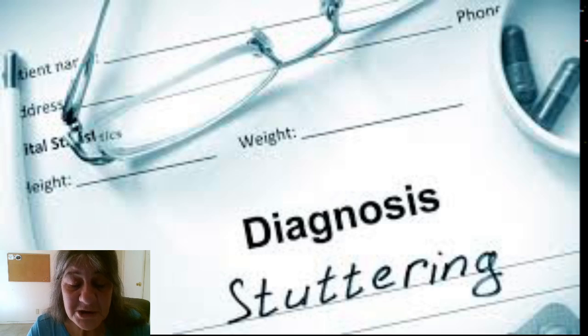Now, if you are an adult who stutters, the doctor or speech-language pathologist may ask you questions about your health history, including when you began stuttering and when stuttering is most frequent. They will also rule out any underlying health condition that could cause stuttering.